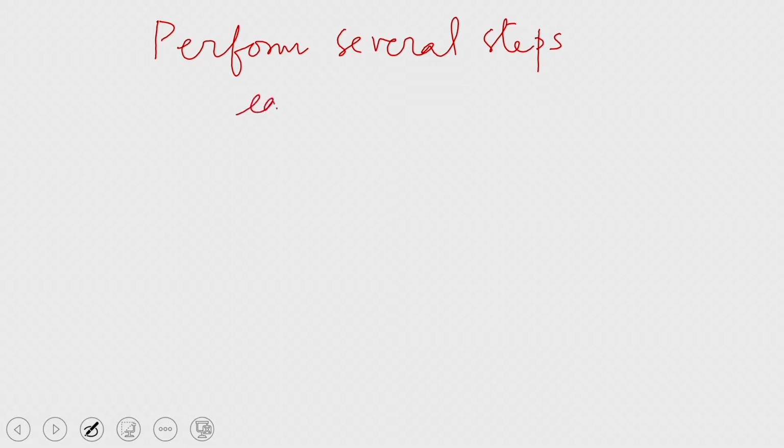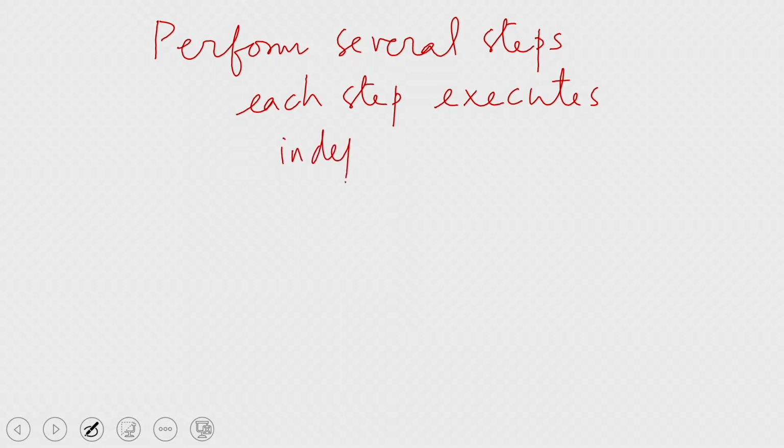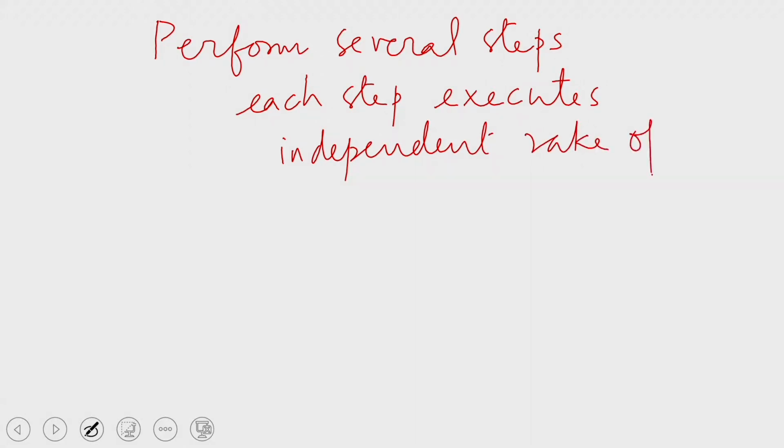Now, our idea is to perform several steps so that each step executes a number of independent rake operations. When the rake operations are performed, we change the labels of the remaining nodes.